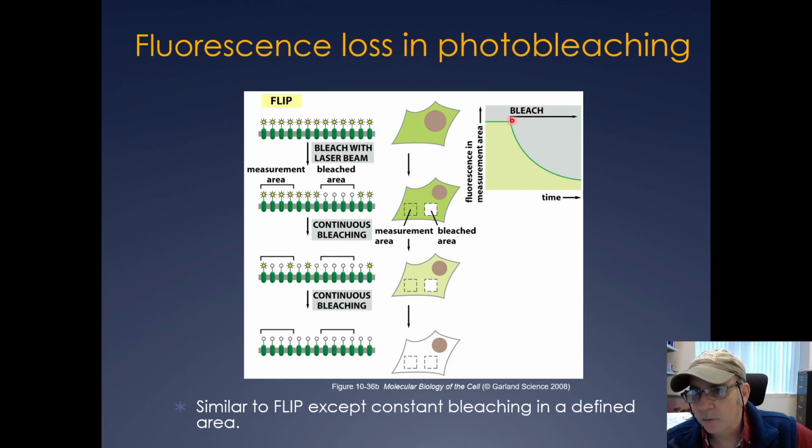Okay, so you can see it fall off over time as you continually bleach a specific area. Now these are just techniques to measure the dynamics of membrane proteins on the plasma membrane, and in individual cells they can tend to just laterally diffuse unobstructed.